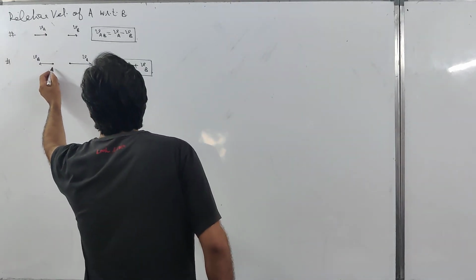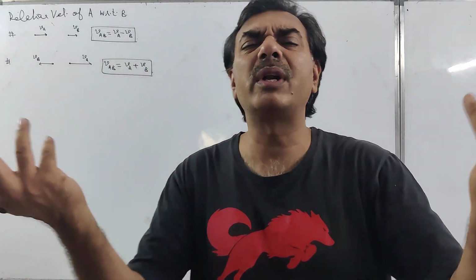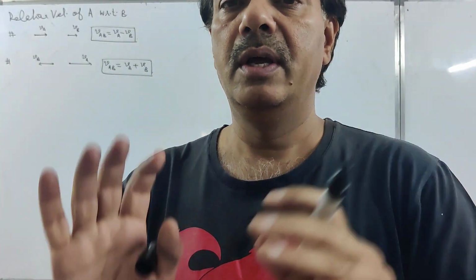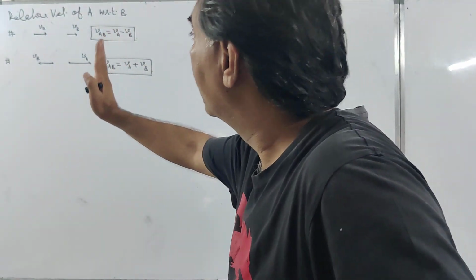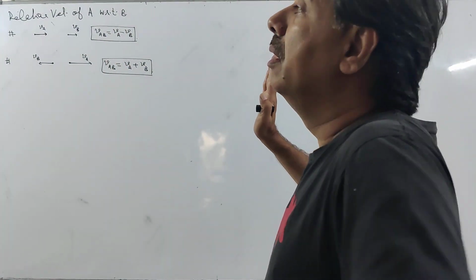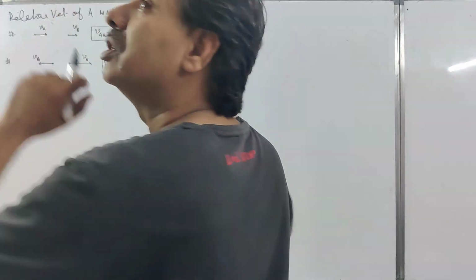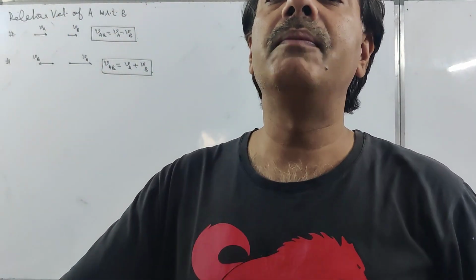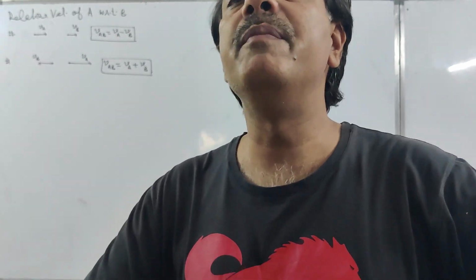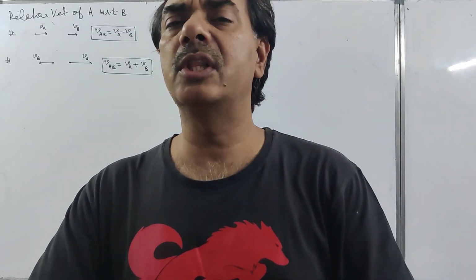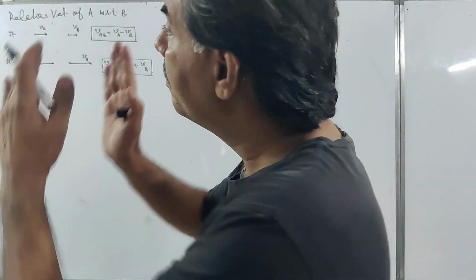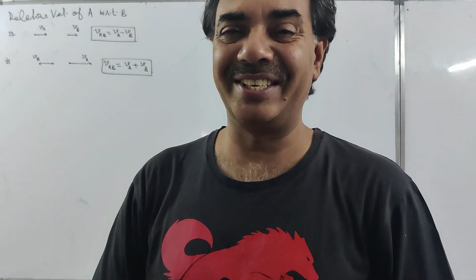Let there be a certain initial separation between them, it could also be zero. The speed of A is 20 meters per second. It will cover 20 meters in 1 second. B will cover 15 meters in 1 second. The separation between them will increase by 35 meters. Total separation will be 35 plus the initial separation.